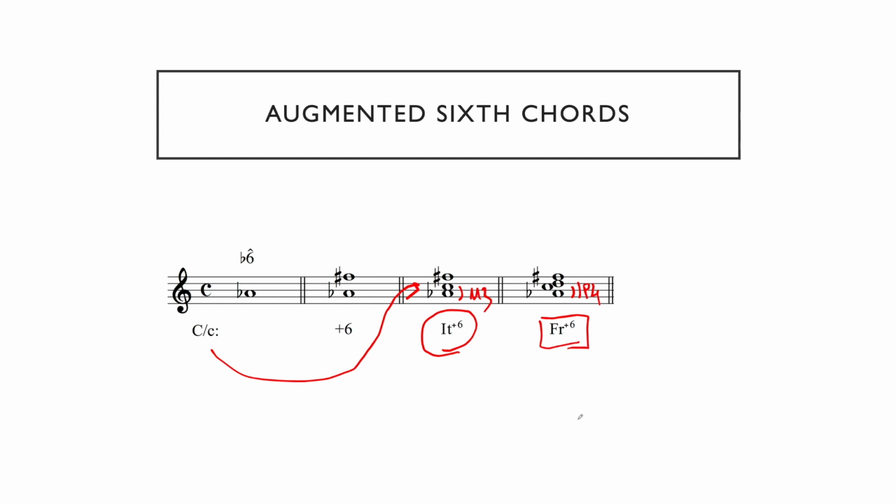By the way, the first one, this is the Italian augmented sixth chord. And the second one, this is the French augmented sixth chord. And finally, if we add instead of the perfect fourth on the second scale degree, the flat 3, or you can notice that was a major third and now a perfect fifth instead of a perfect fourth, we will get a German augmented sixth chord, and the sound is.